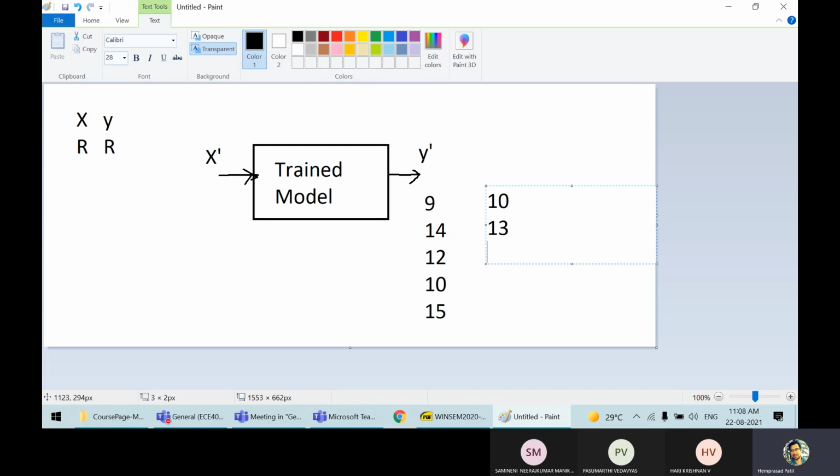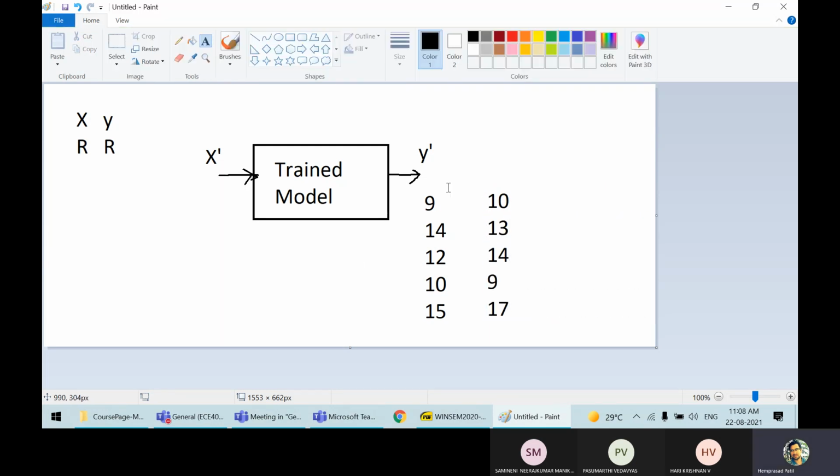So ideally, this model should predict these values. But what the model predicts is these values. So we have to analyze this model, how it predicts and how good it is.